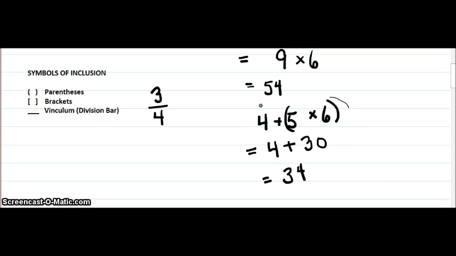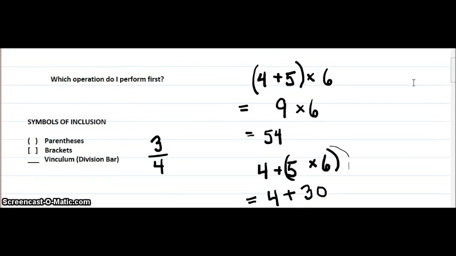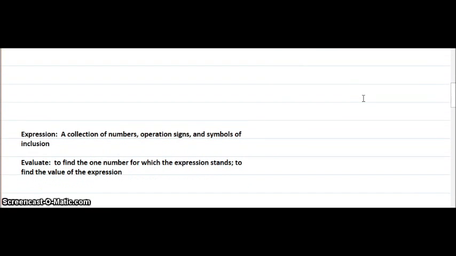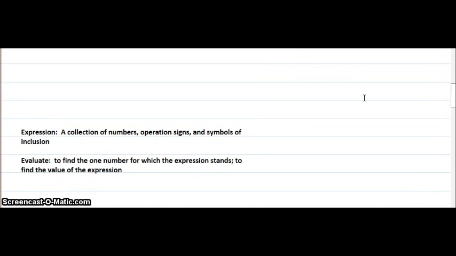This right here is an expression. It's a collection of symbols and numbers and operation signs. Okay? It is an expression. And the same is true for the one above it. This is an expression, that is an example of an expression.